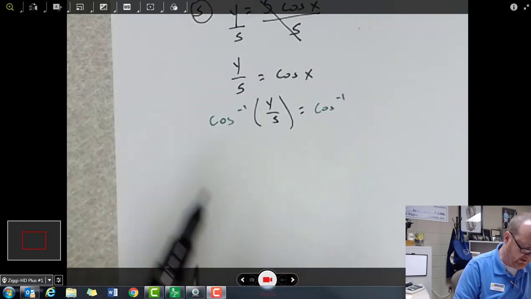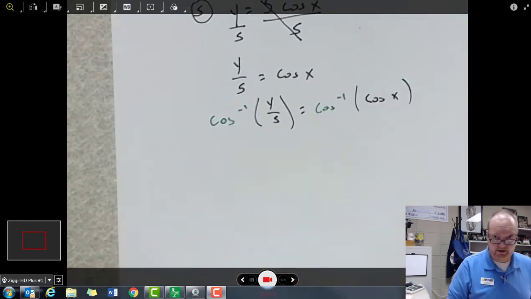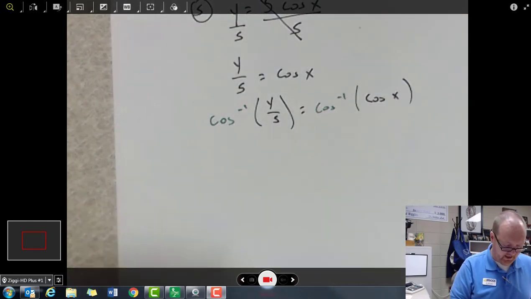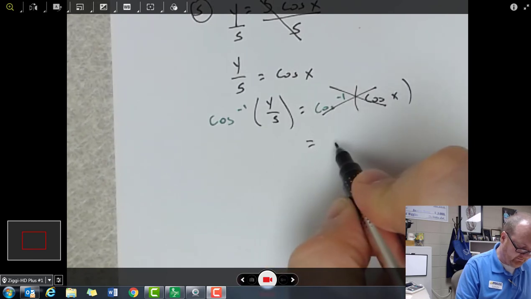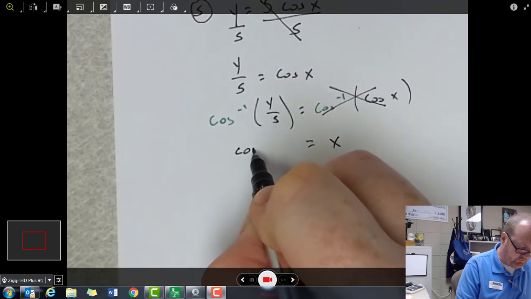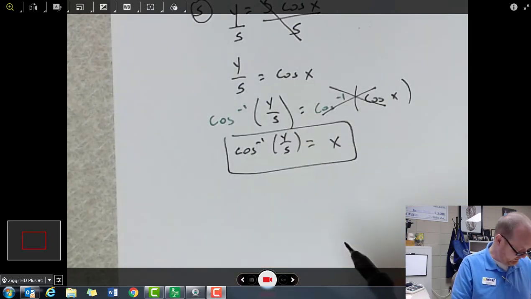This is the step you don't necessarily have to show me. But cosine and inverse cosine, they cancel each other out. And so I'm left with x is equal to the inverse cosine of y over 5 for that solution.